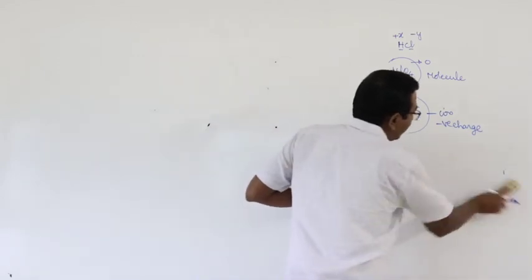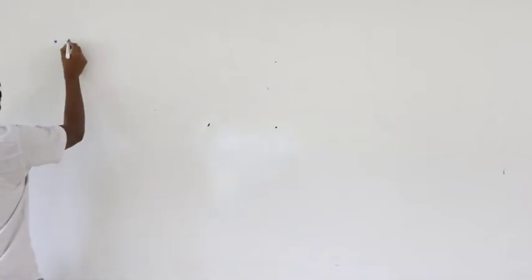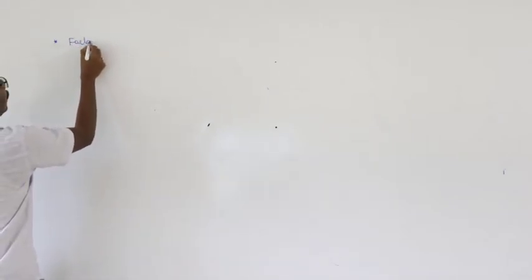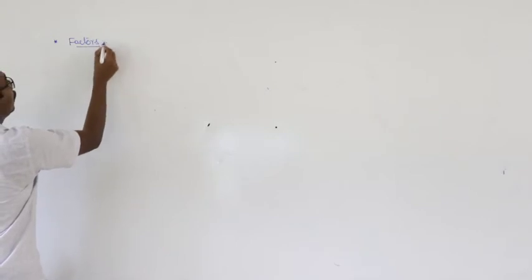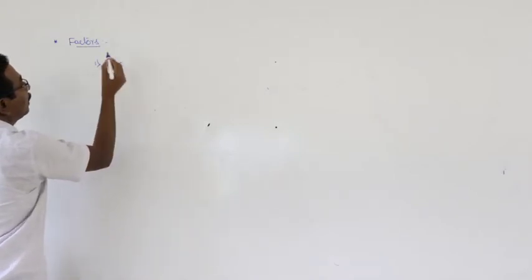generally the oxidation states that are shown by an atom of an element depend upon different factors. What are they? First one, ionization potential.